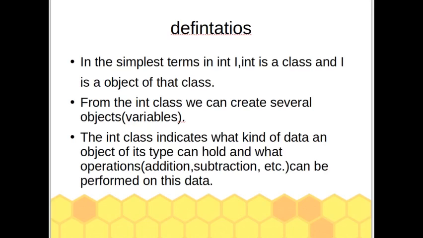In the simplest term, if you see int i, this is a normal definition, but there exists one of the biggest scopes in this declaration. Int represents a class, but the variable i represents an object of that class.